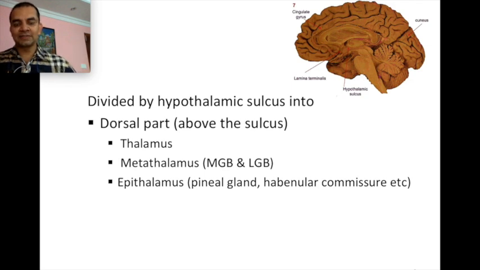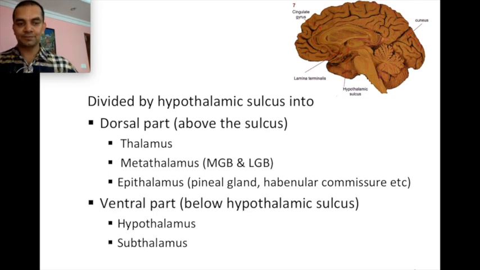Diencephalon is divided by hypothalamic sulcus into the dorsal part that consists of thalamus, metathalamus, and epithalamus. Metathalamus consists of medial geniculate body and lateral geniculate body, and epithalamus consists of various structures including the pineal gland and habenular commissure.